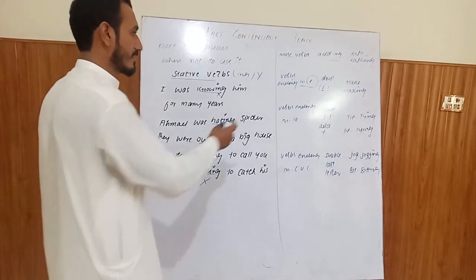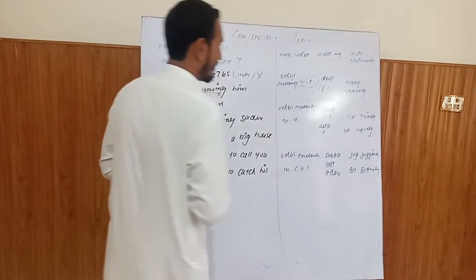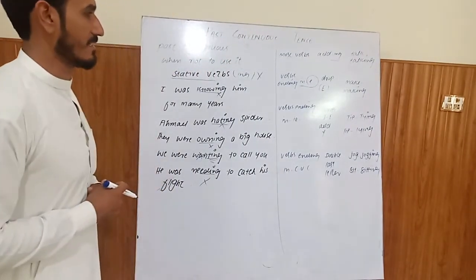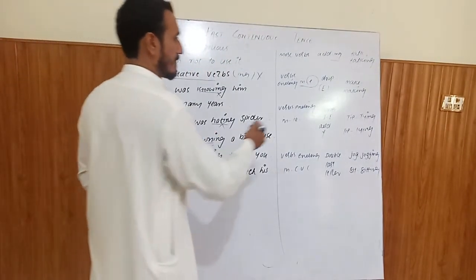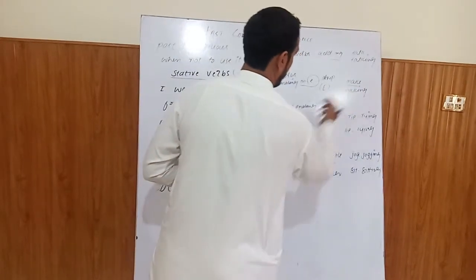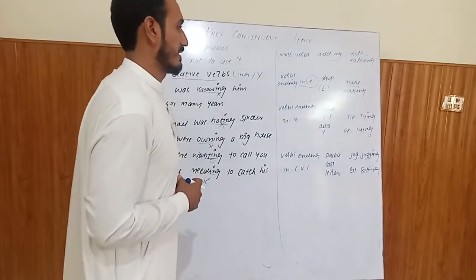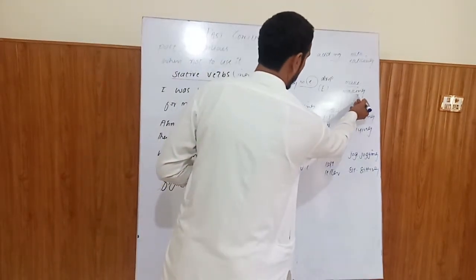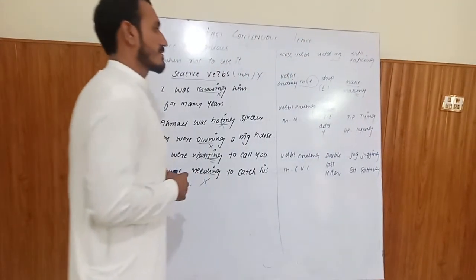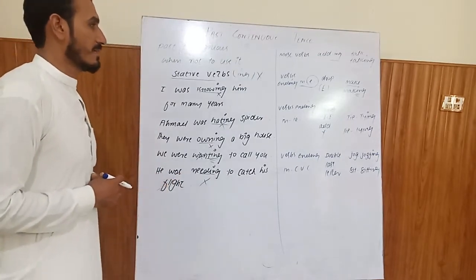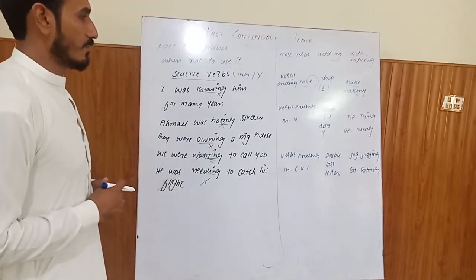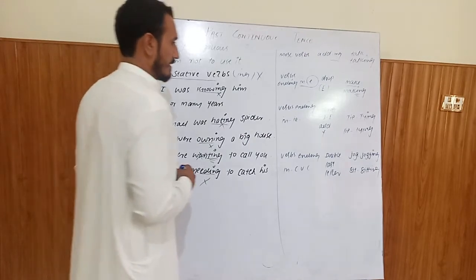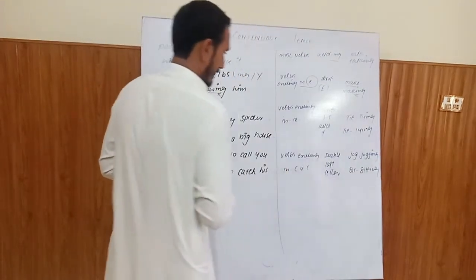We remove e and put ing. For example, make, making. So we removed e and ing took its position.